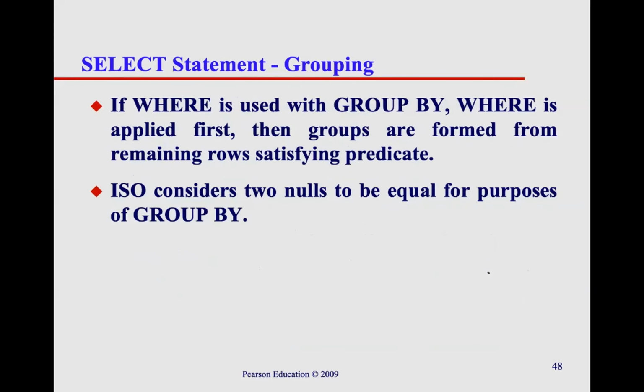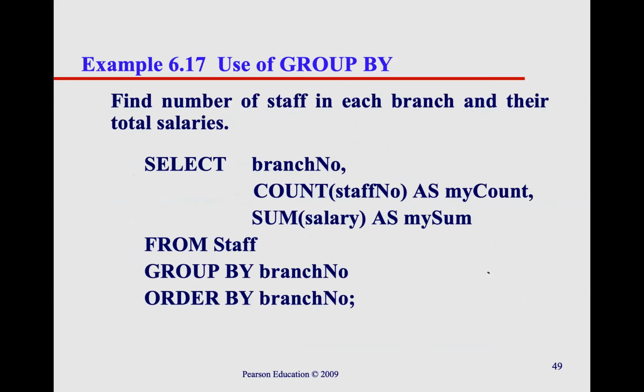So what I want to get to is, okay, a couple things. Let me keep going. First of all, sometimes people try to sort using group by. Don't do that. Group by and order by are two different things.